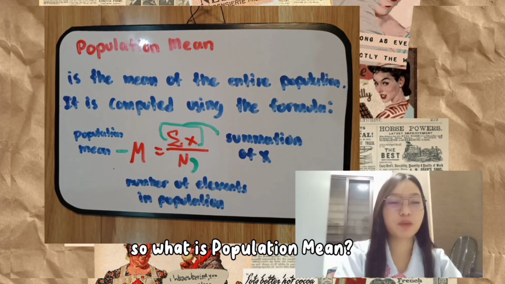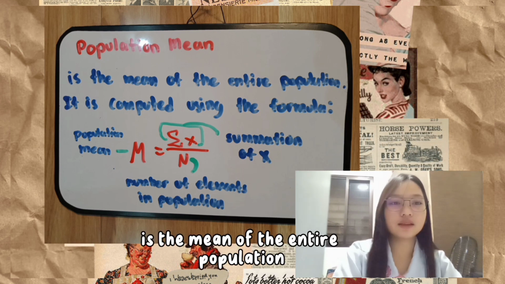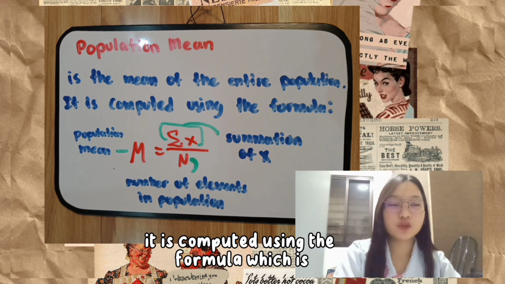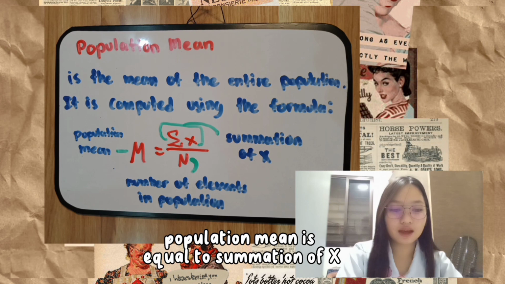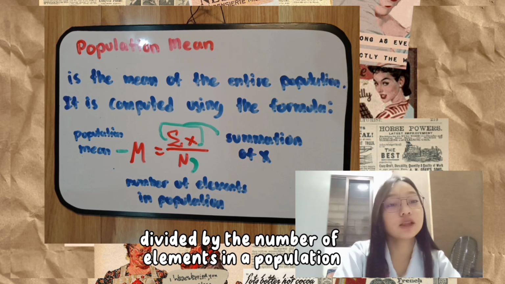So what is population mean? A population mean is the mean of the entire population. It is computed using the formula: population mean is equal to the summation of x divided by the number of elements in a population.